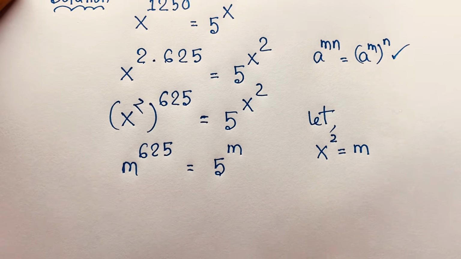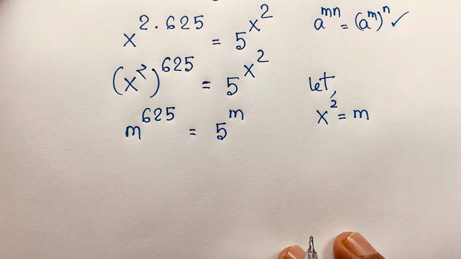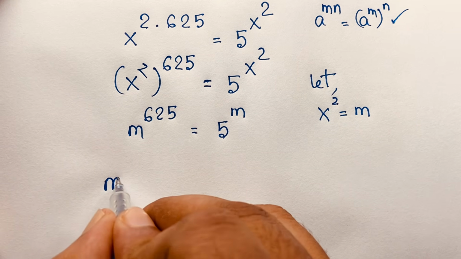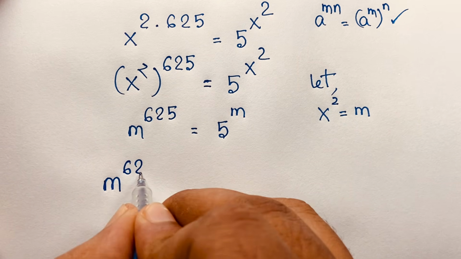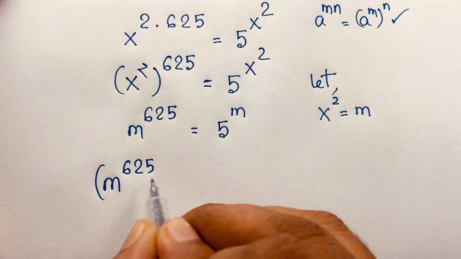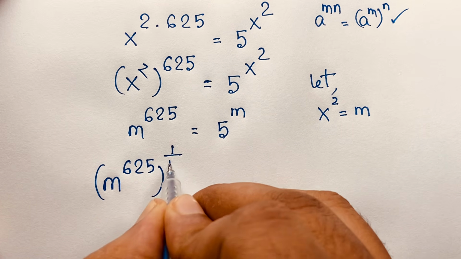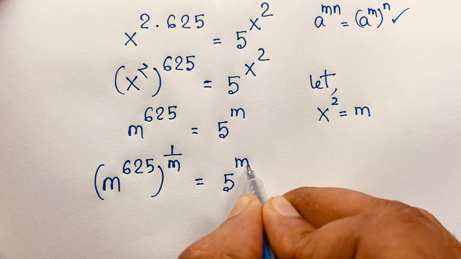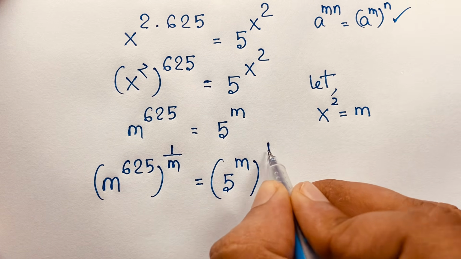Now I use exponent 1 over m on both sides, so this expression will be m to the power 625, bracket whole to the power 1 over m, is equal to 5 to the power m, bracket whole to the power 1 over m.